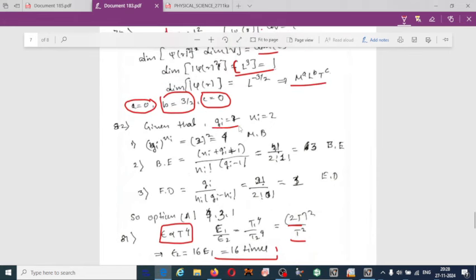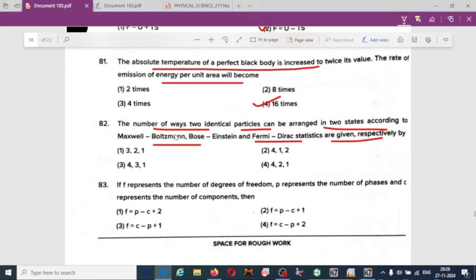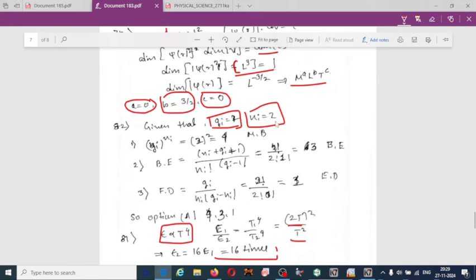Here Gi is given, and the number of particles is given as 2. So Gi equal to 2, Ni equal to 2. For Maxwell-Boltzmann, Gi to the power Ni, we can calculate the states here. 2 to the power 2 is equal to 4.